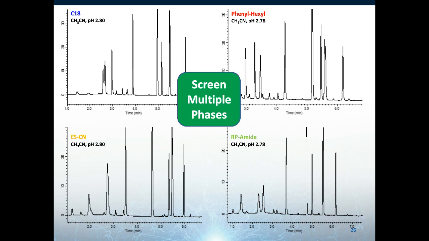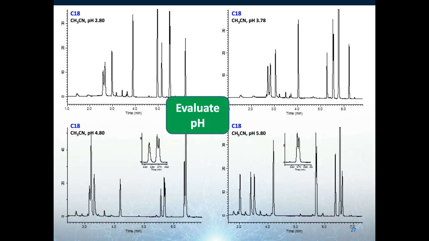And another way is to evaluate pH. So in this example, what we did was we held the bonded phase constant and we varied the pH of the buffer. So in the top left, you have the conditions that were run at pH 2.8 with acetonitrile.